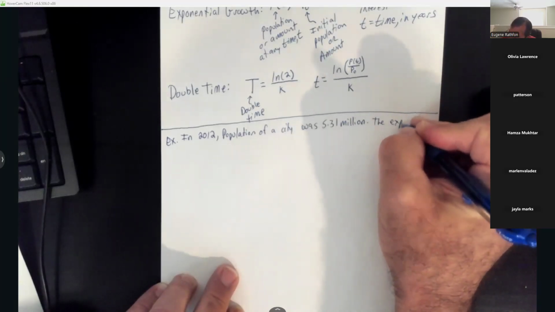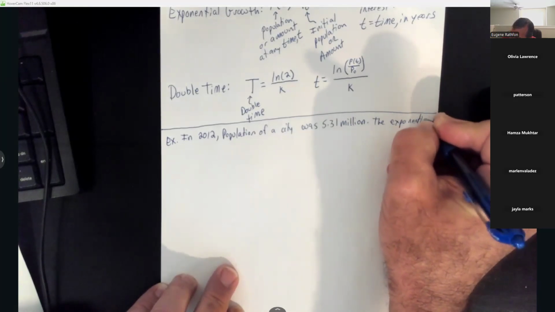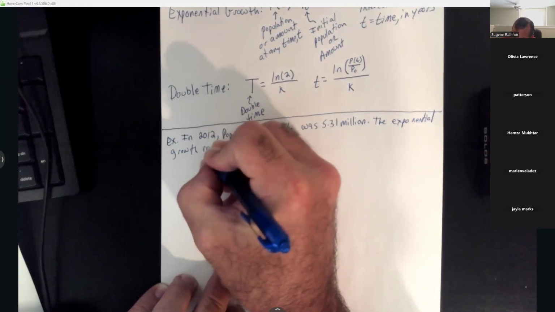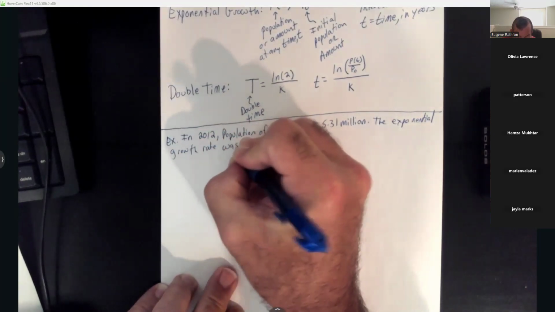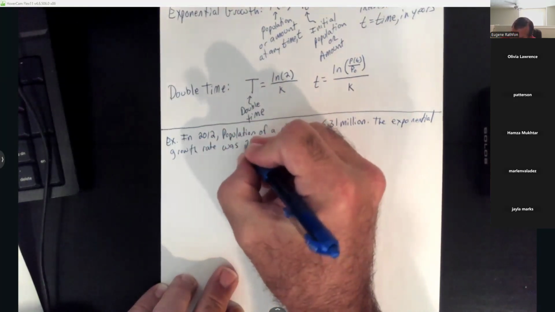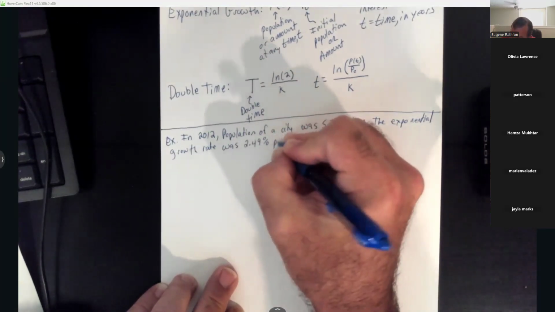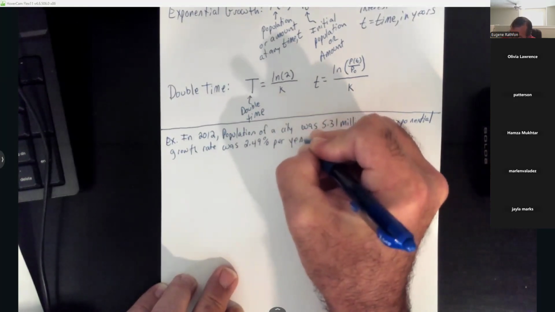The exponential growth rate was 2.49% per year.